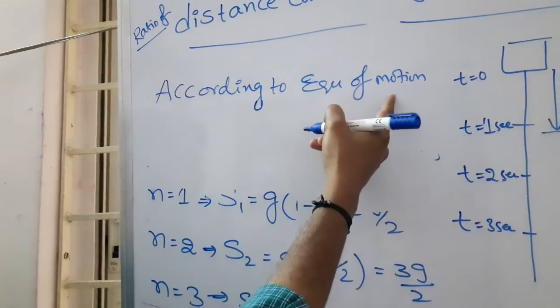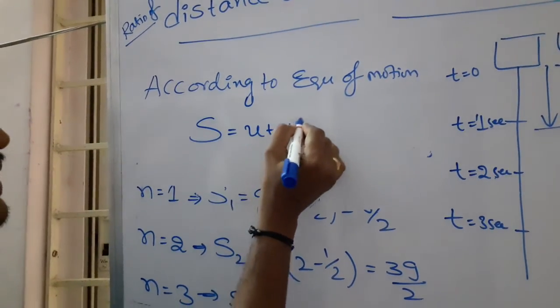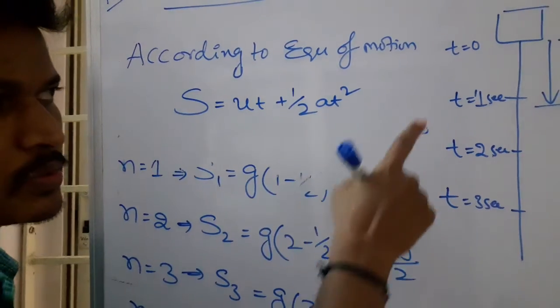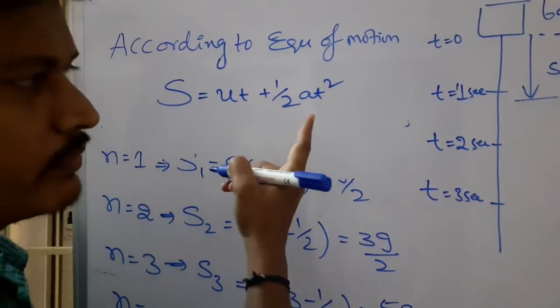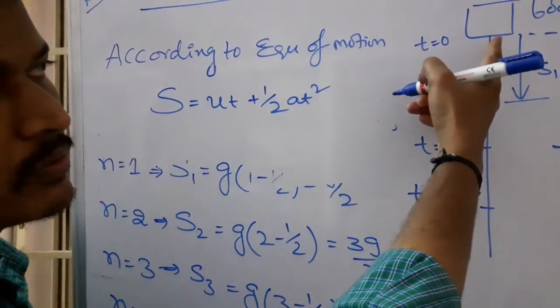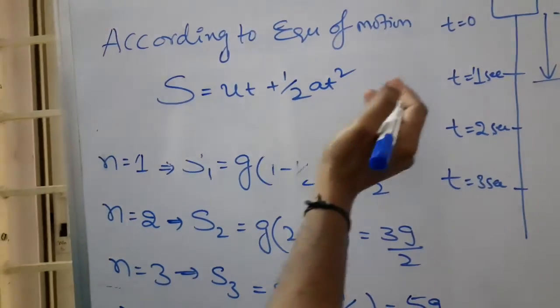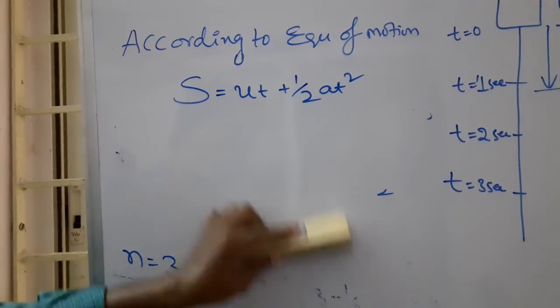According to this equation of motion, S is equal to ut plus half at square. The previous equation belongs to distance covered in successive intervals. This equation belongs to distance covered from starting to ending of the interval, that is 0 to 1, 0 to 2, 0 to 3, and so on.